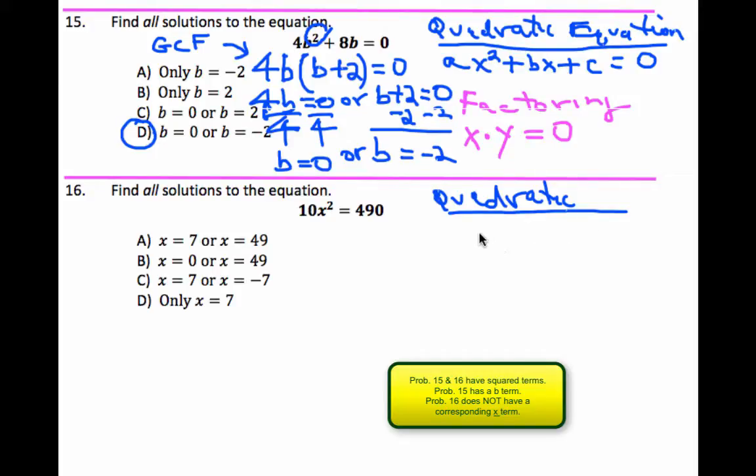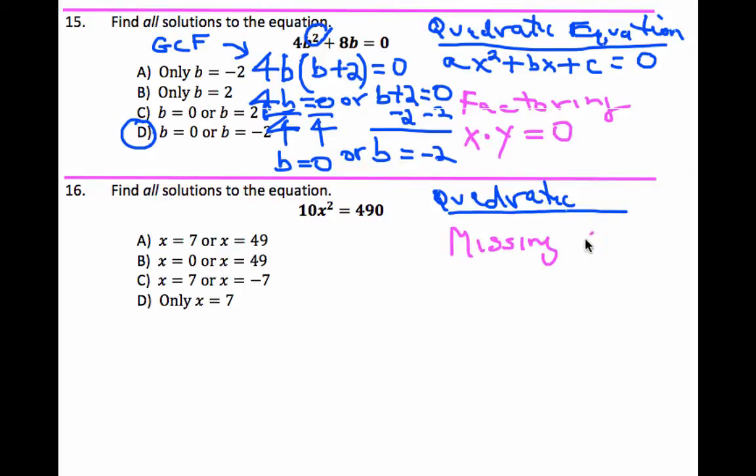So we're missing the x term in this problem. And the method used to solve a quadratic equation when there's a missing x term is different. What we do is we make use of what's called the square root property.